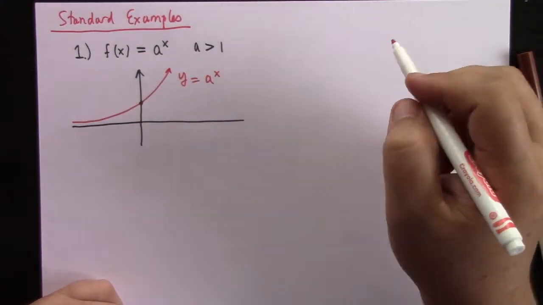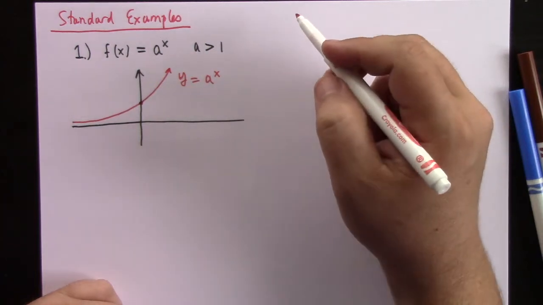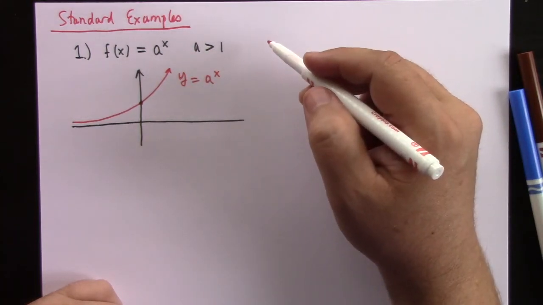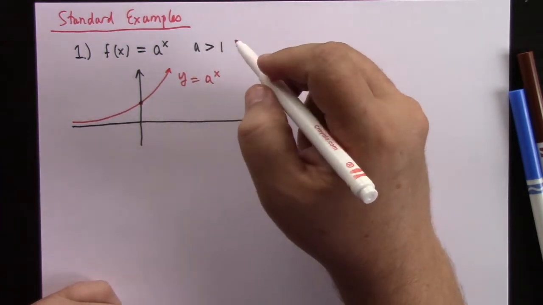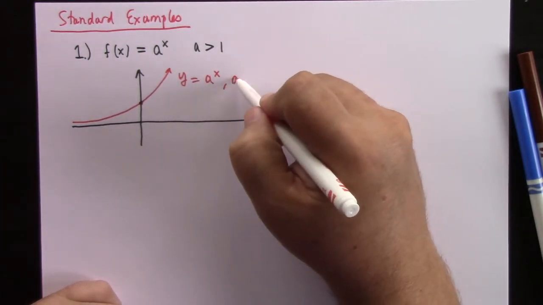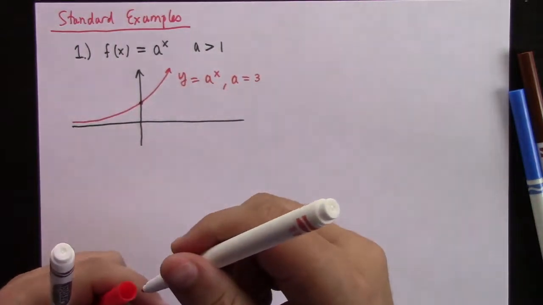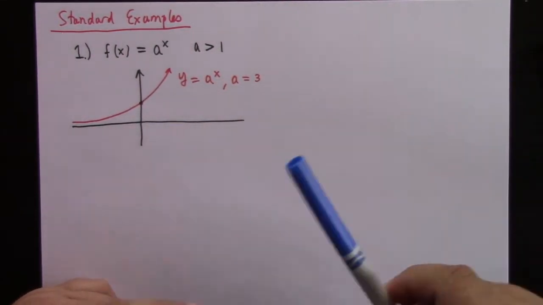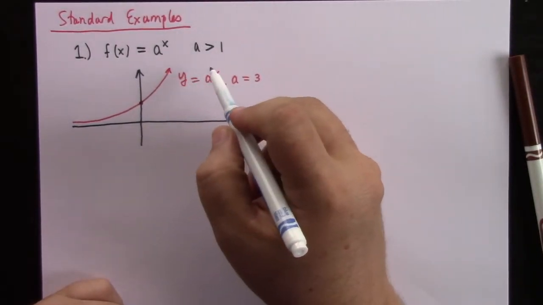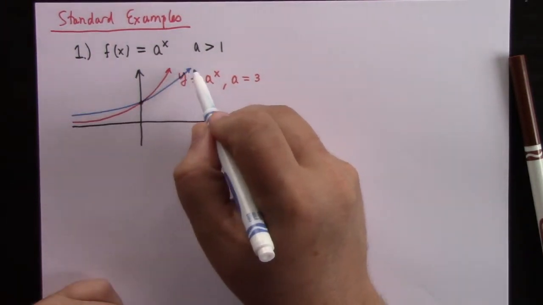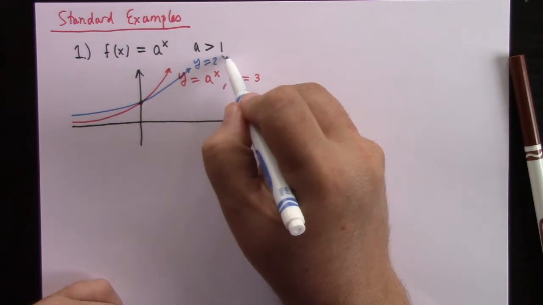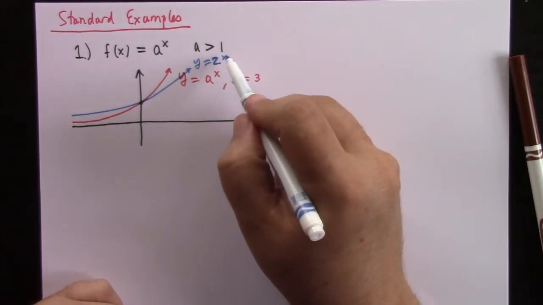Now, there are different a's which are important. Like, suppose this was a equals 3, right? I can also graph 2 to the x. That would be something like down here.